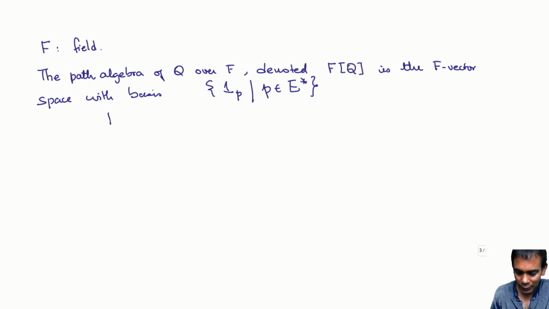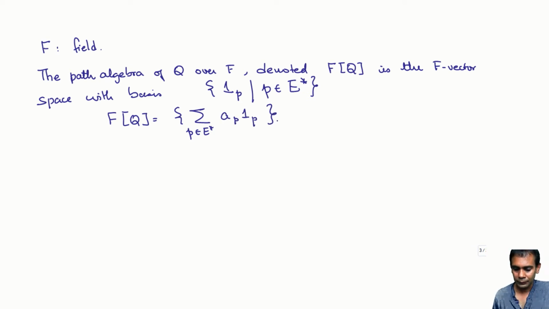So a typical element of F[Q] is of the form the summation over P in E star of a_P 1_P. Now I'm going to turn this thing into a ring, so I have to define multiplication.